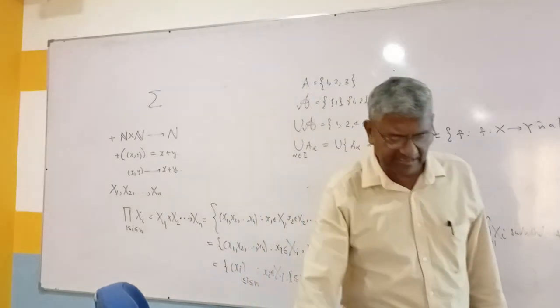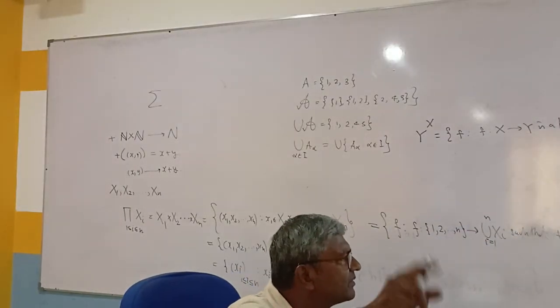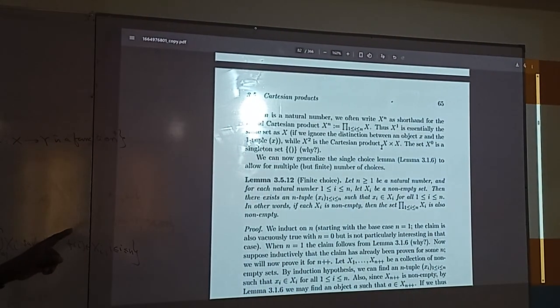You have the same set, x1, x2, up to xn, everyone is x. Xn here is equal to the product. That symbol is product, by the way. Like sigma is for addition, this is for multiplication. Product over 1 ≤ i ≤ n of x, so it's not xi.